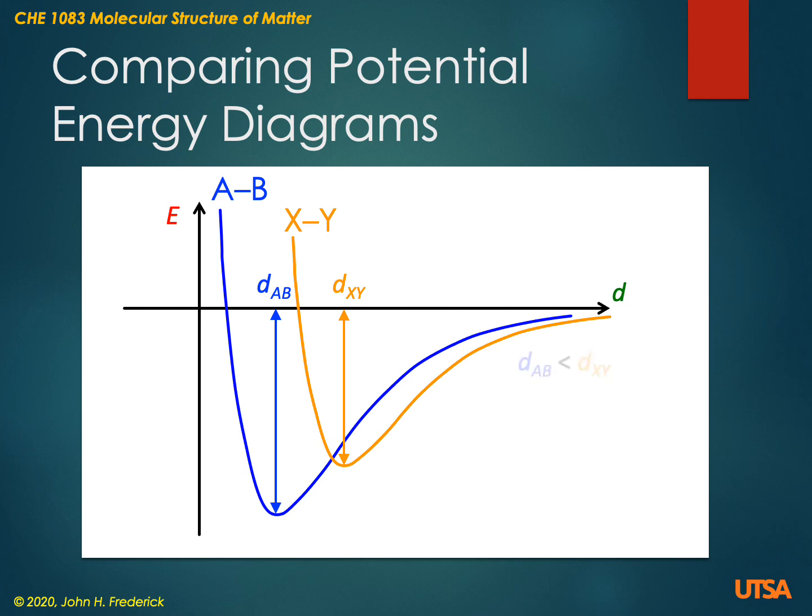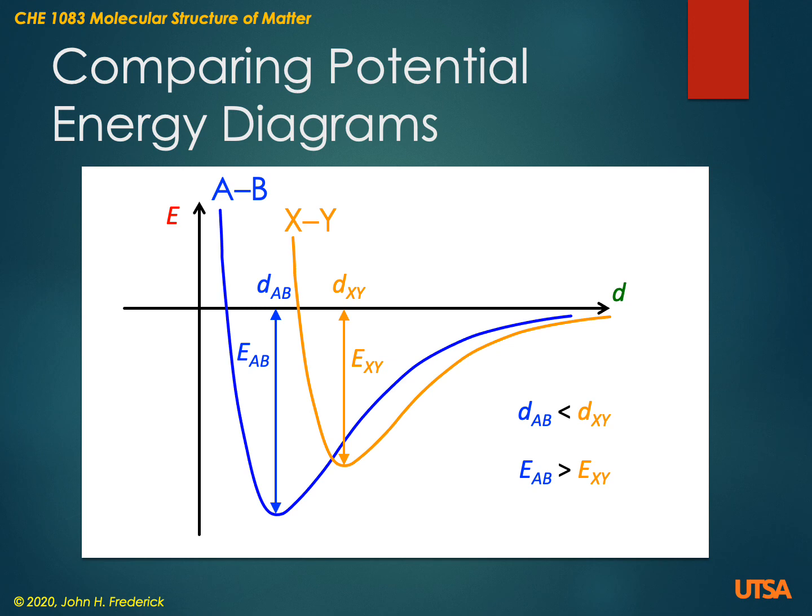We might also infer from this that the energies, which is the distance between the bottom of those curves and the horizontal axis, are also given by this, and the energy of the XY bond would be less than the energy of the AB bond.